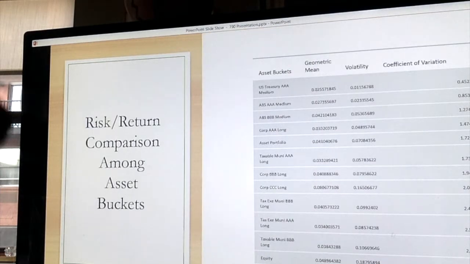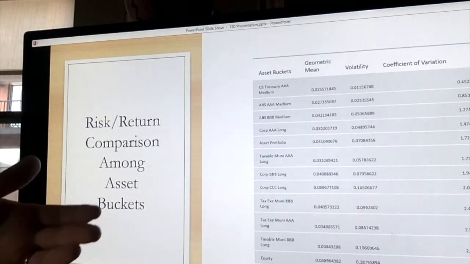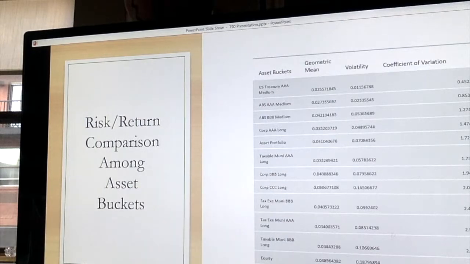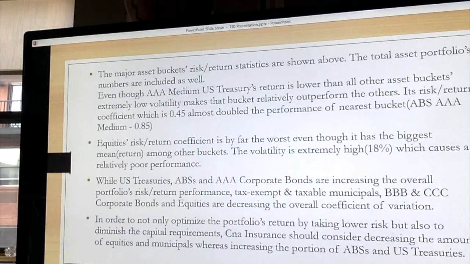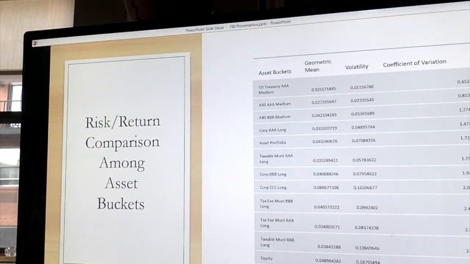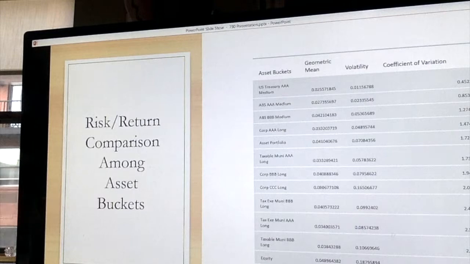So when we compare the risk return performance, I believe that the CNA asset management team should rebalance the allocation of the funds between corporate BBBs and corporate AAAs especially, and they should decrease the taxable municipals, and then they might invest instead in ABCs.